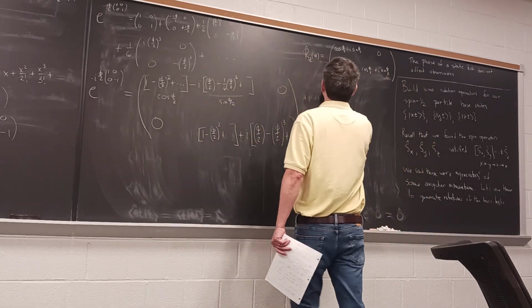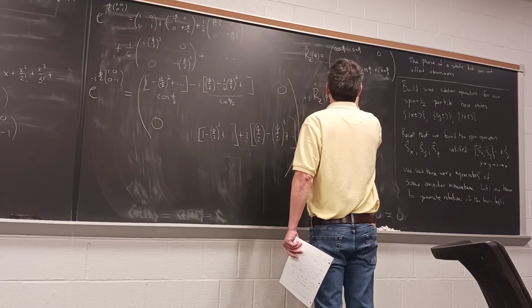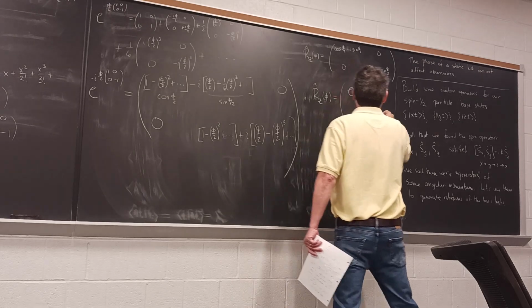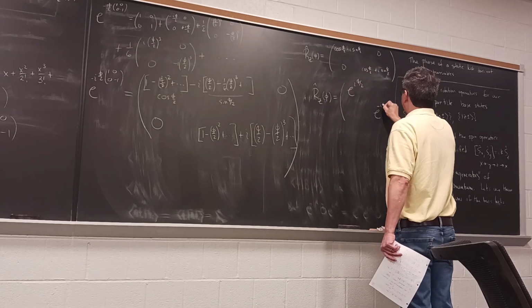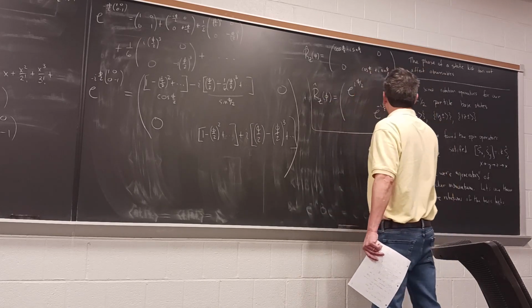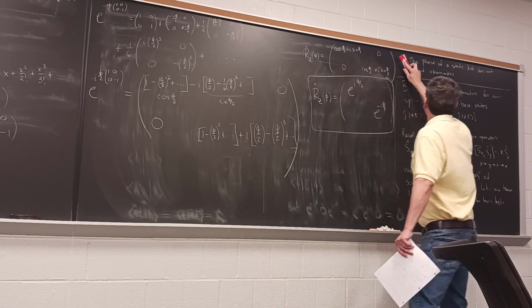Okay, and so this is e to the i phi over 2, e to the minus i phi over 2. Okay, so that's the matrix representation.